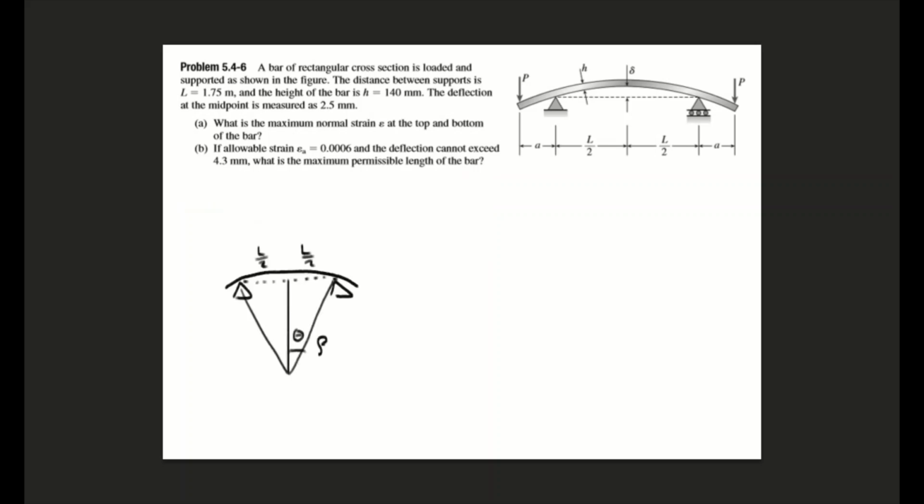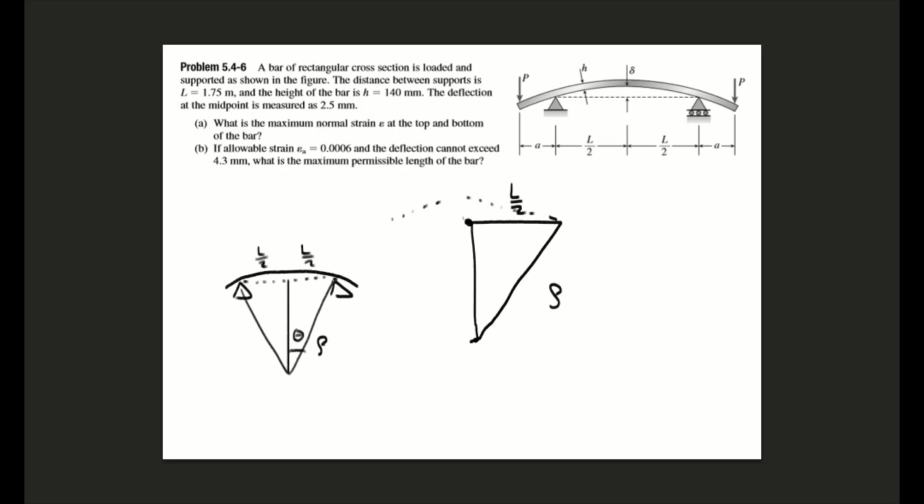So if we have our problem set up like this, and then we just look at one section, right? Because our whole goal here is to find rho. Once we find rho, it's very straightforward, right? You just plug into that strain equation. So if we look at this problem, we have L over 2, we have rho, and then this length right here.